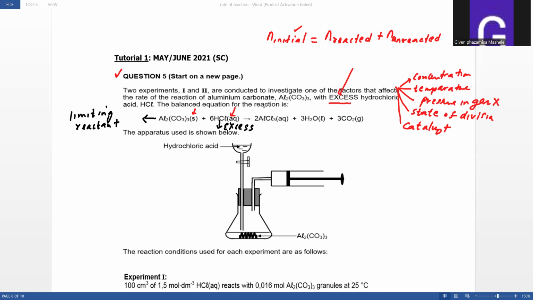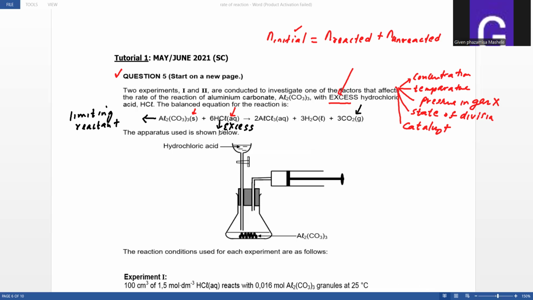Now let's also look at the product. The product is aluminum chloride with water and carbon dioxide. Carbon dioxide is a gas, so we can tell the method that was used here to measure the rate of reaction. It might be the change in mass or the volume of gas, but let's just go through it.